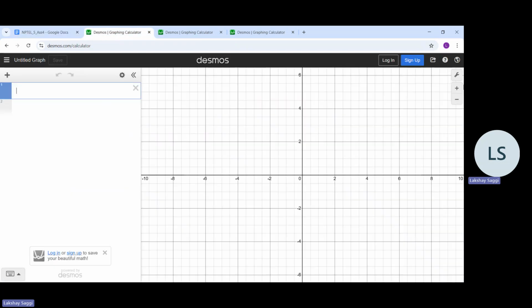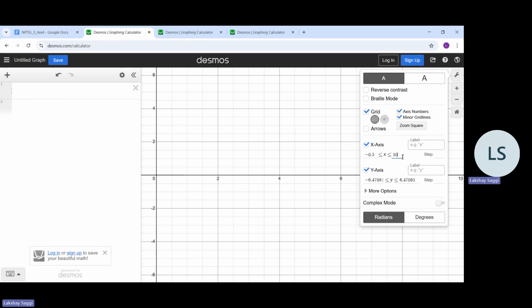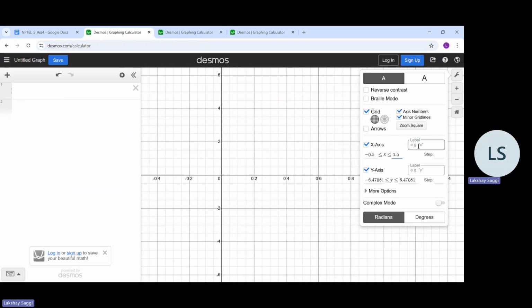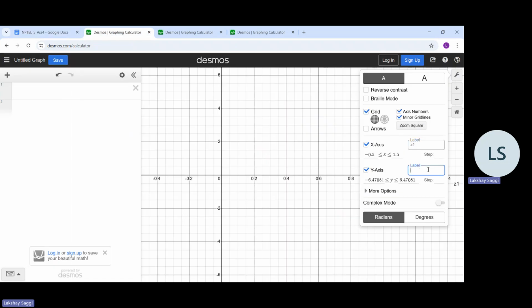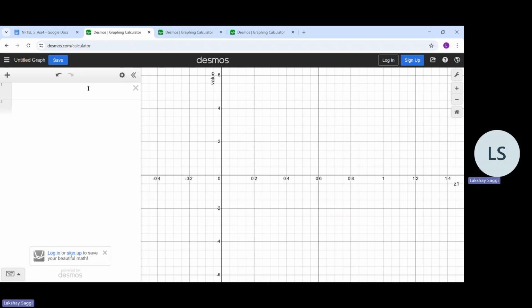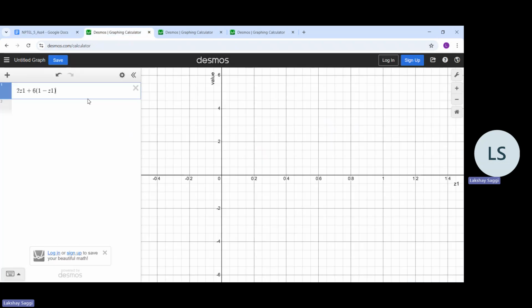Now again, we'll try to plot these things. I'll use an x-axis from minus 0.5 to 1.5, and note that we are characterizing everything in terms of Z1. We plot the value on the y-axis and Z1 on the x-axis. The first expression is y equals 2x plus 6 times 1 minus x.